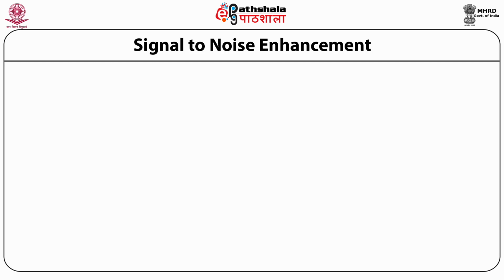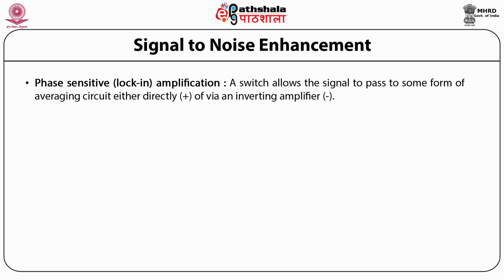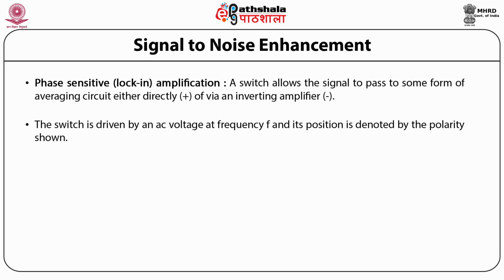Signal to noise enhancement is done by phase sensitive lock-in amplification. Here, a switch allows the signal to pass to some form of averaging circuit, either directly, positive, or via an inverting amplifier, negative. The switch is driven by an AC voltage at frequency F, and its position is denoted by the polarity shown.